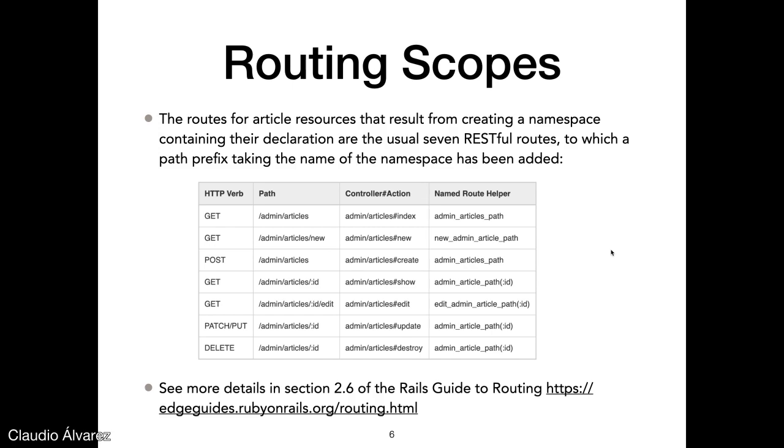The admin appears here right before articles, for instance. You got the traditional 7 RESTful routes for a plural resource. You know, you got the index, the new, the create, the show, etc. But you see admin here. If you got regular users, well, the routes they'll see are different. They'll just see articles and not see the admin prefix in that case.